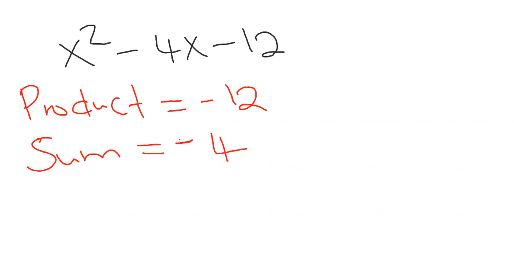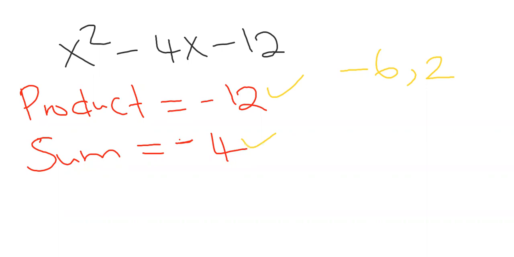Those numbers are negative 6 and 2. Because negative 6 times 2 is going to give you negative 12. Negative 6 plus 2 is going to give you negative 4.